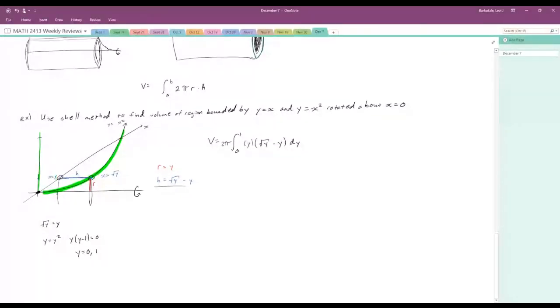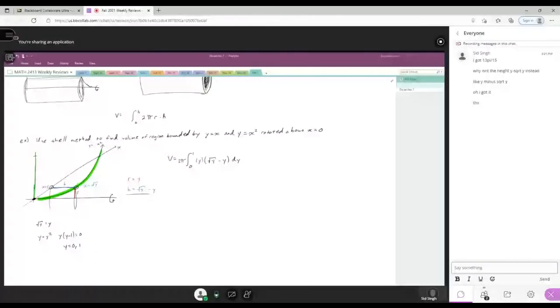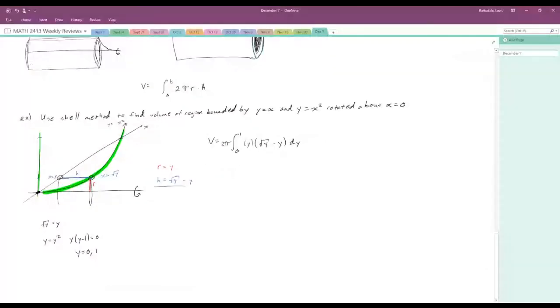So I always want to do larger minus smaller. Yep. It's because your larger curve depends on the variable that you're using, correct? Well, both your curves will depend on the variable you're using. In this case, looking just at why I did square root y minus y instead of y minus square root y, I just said this curve has a larger distance from this axis.